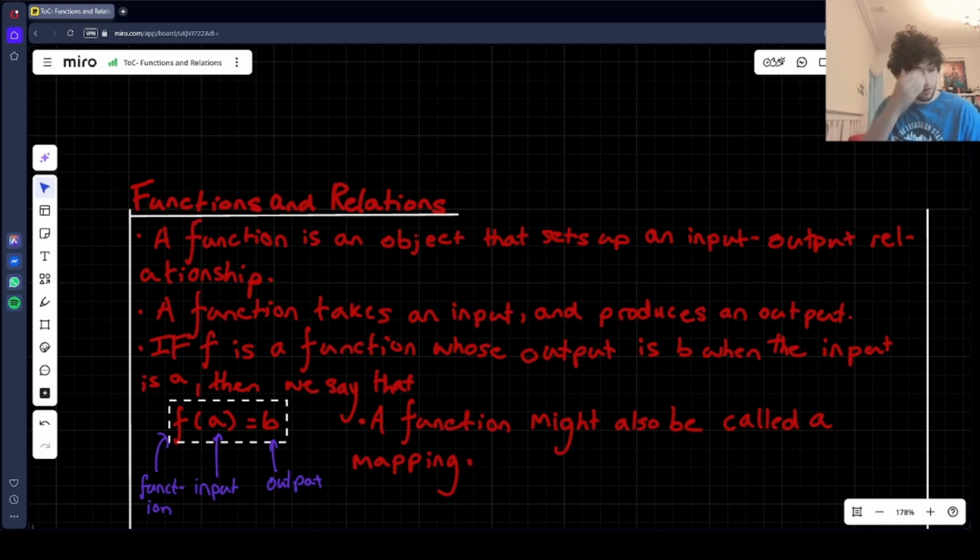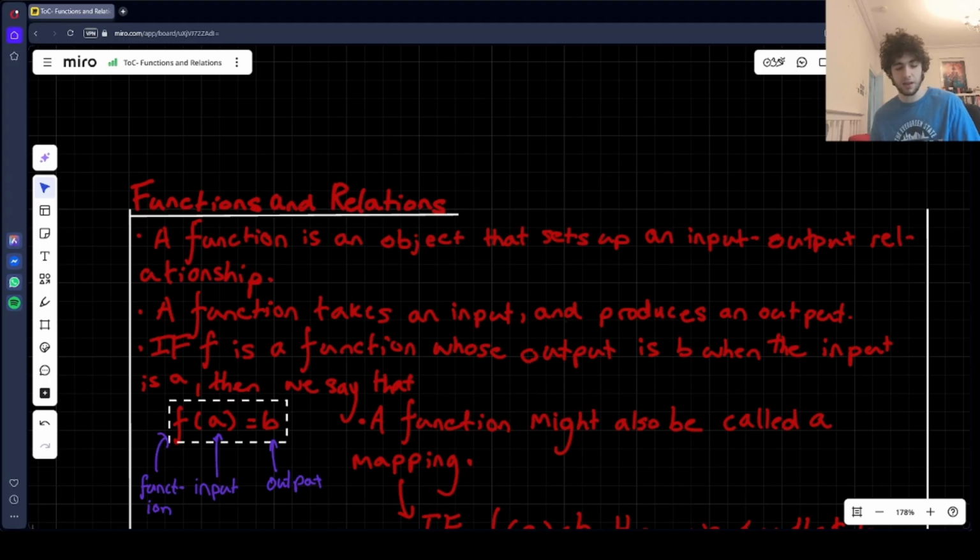This term then translates to the notation: if f of a is equal to b, then we say that f maps a to b.